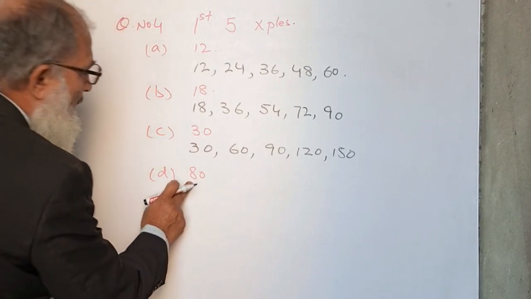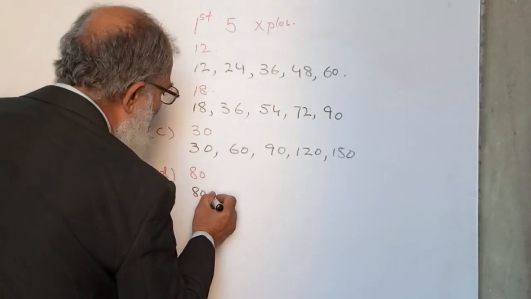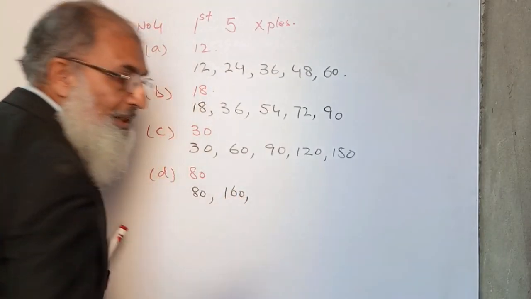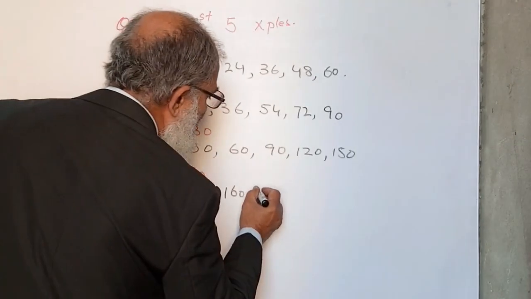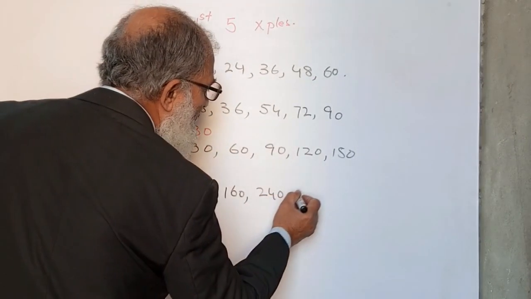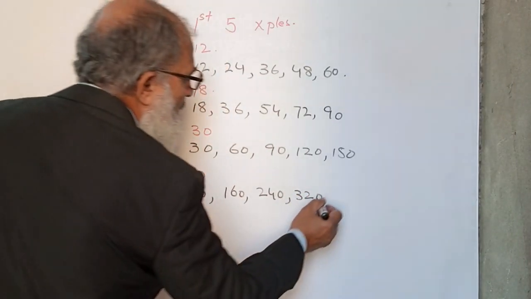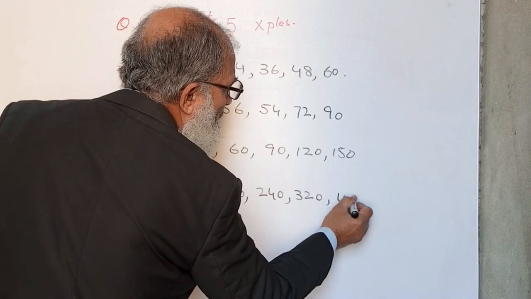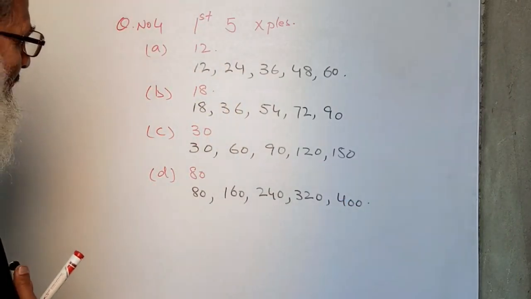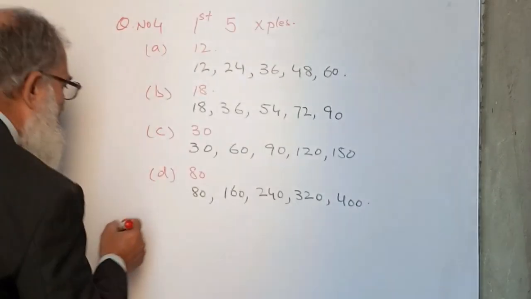So 8 1 time is 8, 8 2 times is 16, 8 3 times is 24, 8 4 times is 32, and 8 5 times is 40. So these are the required multiples. Now question number 5.